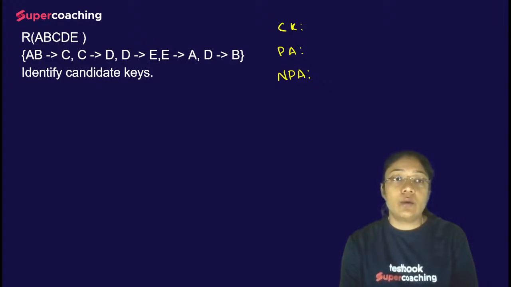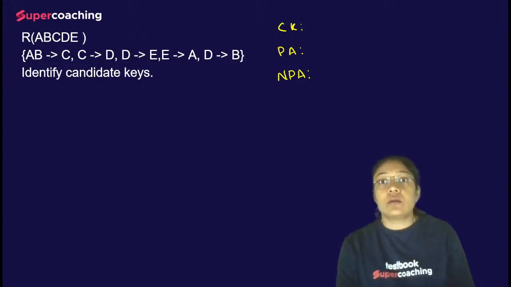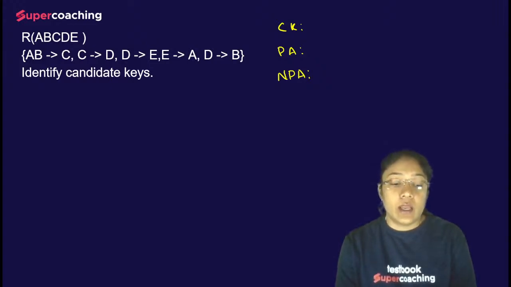We'll discuss one or two more questions of the same concept because here one part is missing. Please write in the chat section how many candidate keys are possible for this relation.